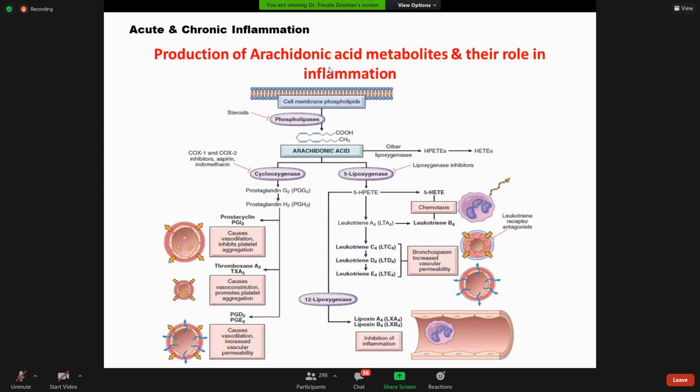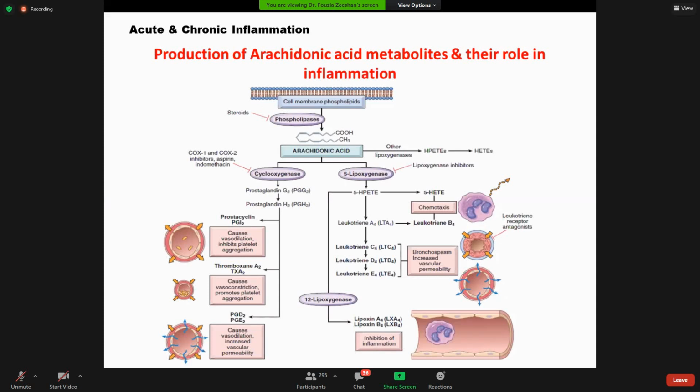Arachidonic acid metabolites and their role in inflammation are also very important. We cannot proceed without discussing this. Basically, arachidonic acid is formed from the cell membrane phospholipids. I'm sure that you have an idea about the structure of the cell membrane.